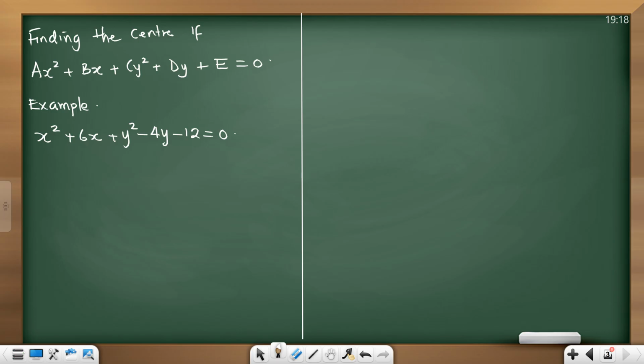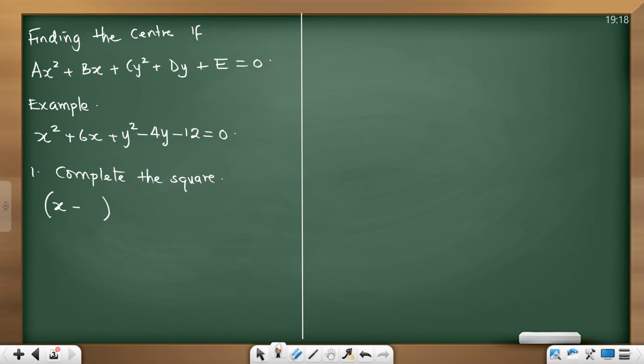Number 1, let's complete the square. Please listen to me when I say completing the square. When you complete the square, your equation will come out like this.